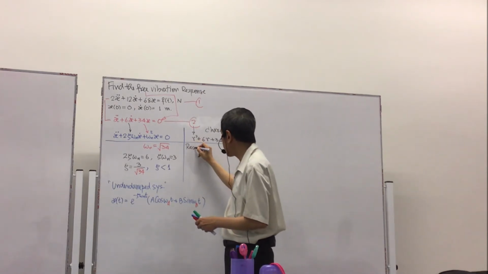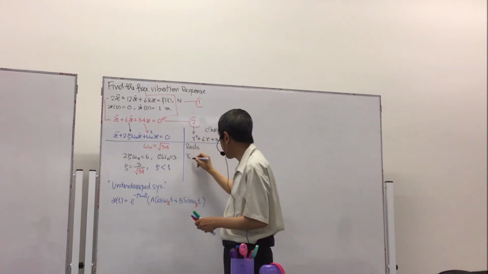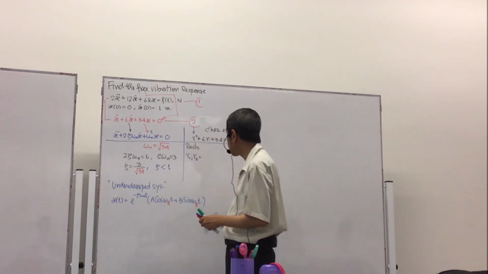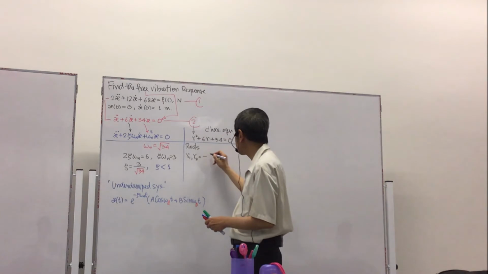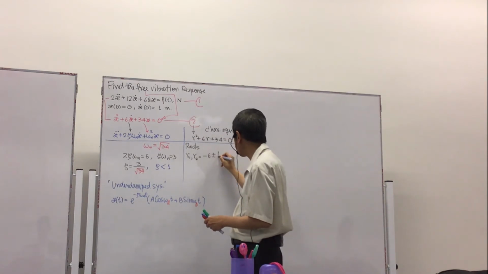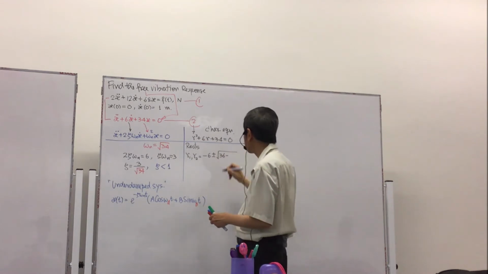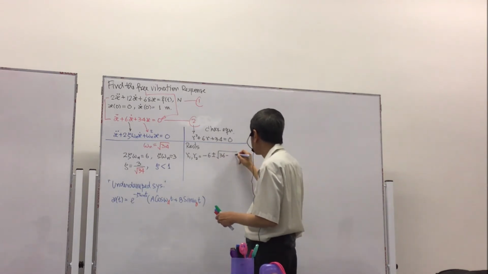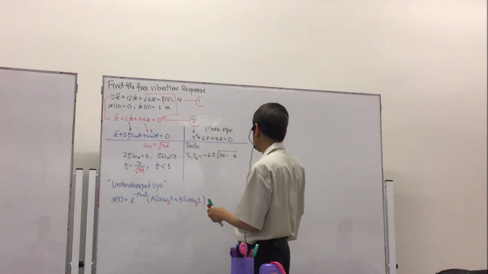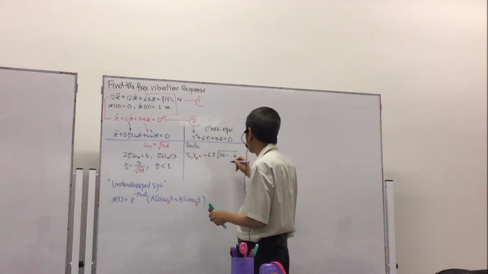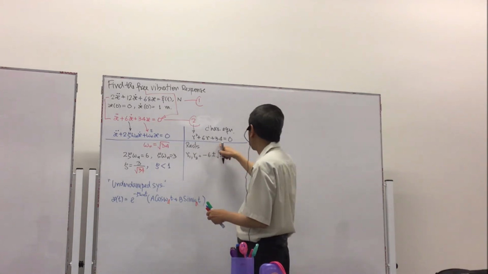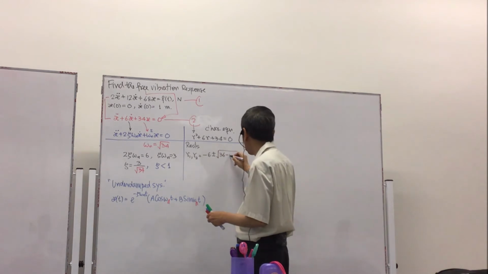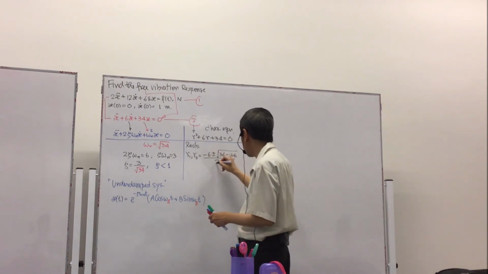And then we can find the roots. There are two roots, r sub 1, r sub 2, equal to minus 6 plus or minus the square root of 36 minus 4 times 34, which is 136, divided by 2.